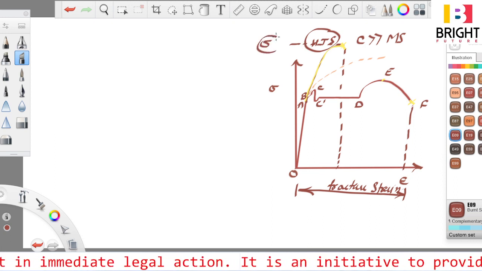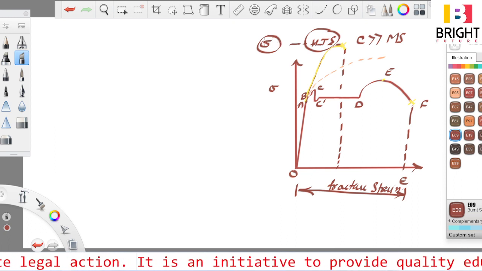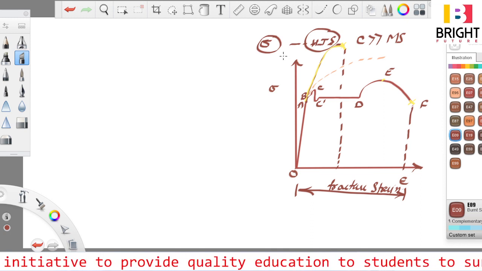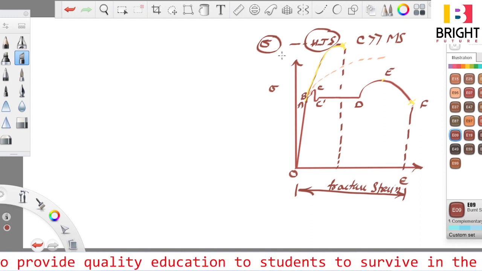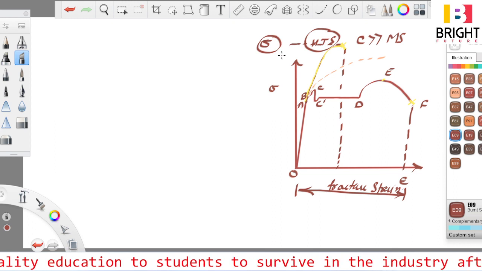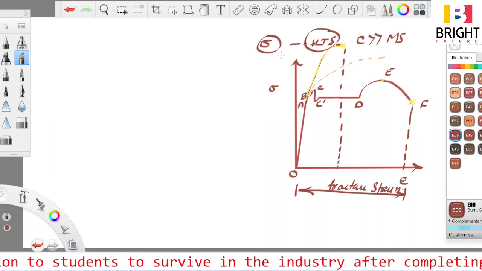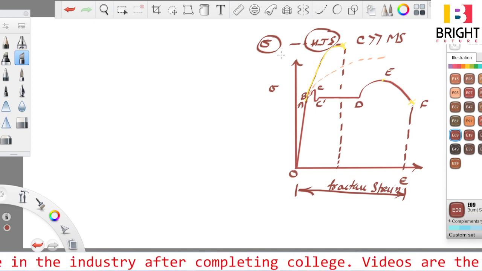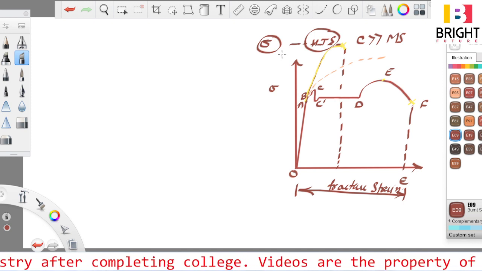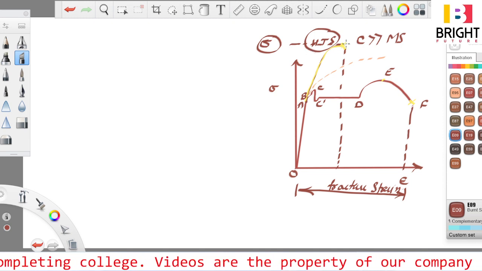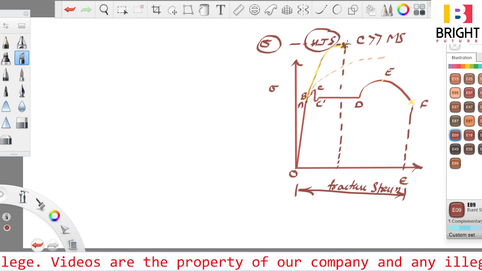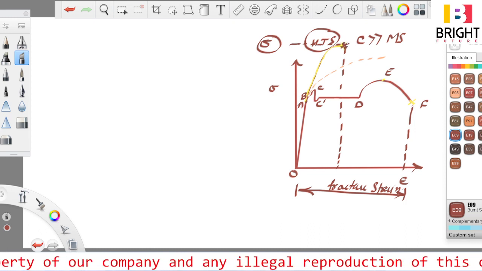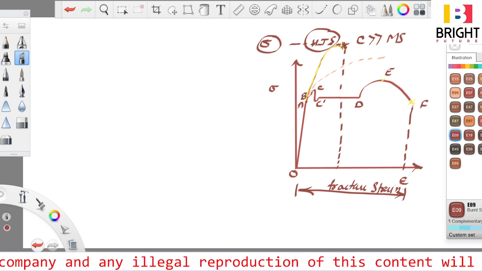So this material can have more stresses, can have more loads than those resisted by mild steel. However, the material will fail immediately, without any sign. So the fracture will be of brittle type.